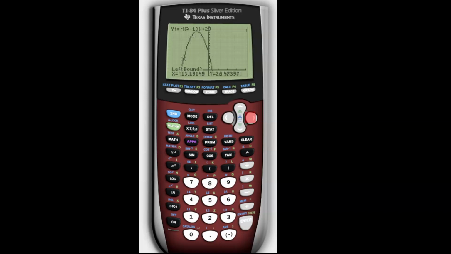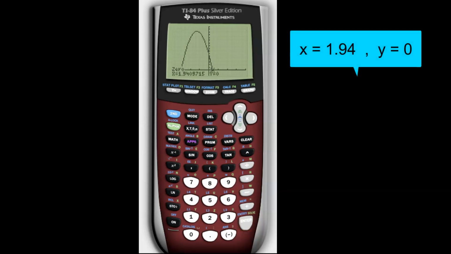And then we're going to move our cursor all the way over to the right. We're going to go right about here. So we're going to go a couple clicks to the left, press enter. Then go a couple clicks to the right, press enter and guess again. And here's the next 0, which is 1.94 or 1.941.